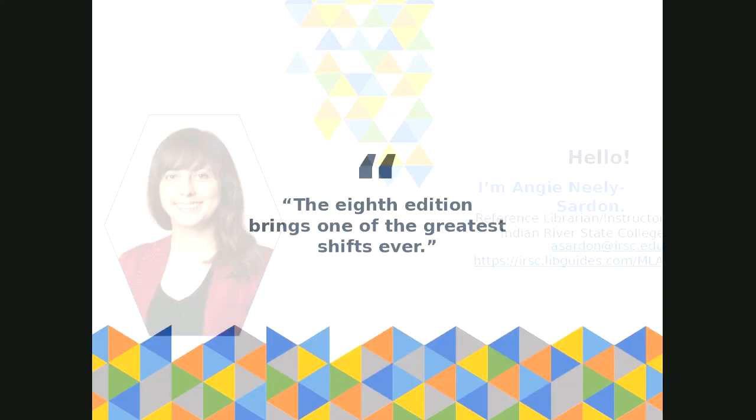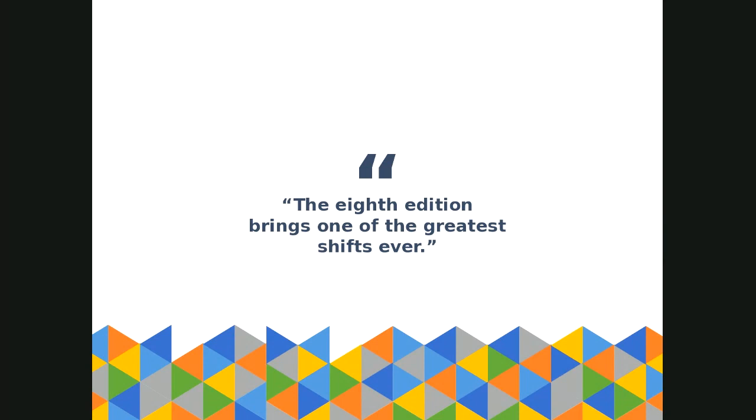I wanted to start off by talking about the impetus for creating this practice that we're calling Citing Sources with MLA Style 8th Edition. In 2016, the Modern Language Association of America published the MLA Handbook 8th Edition. The handbook notes that the 8th edition brings one of the greatest shifts ever.